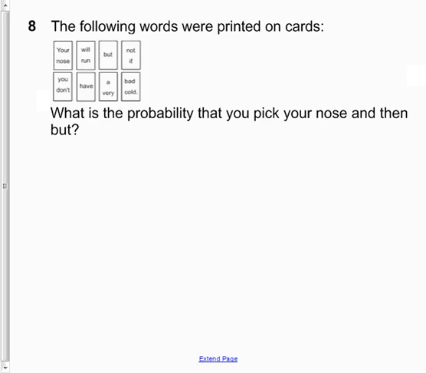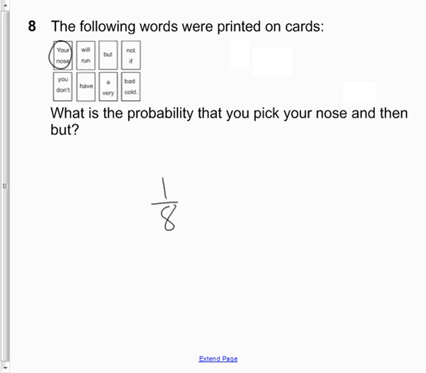And the last question, it says, the following words were printed on cards: Your nose will run, but not if you don't have a very bad cold. What is the probability that you pick your nose and then but? I'm sorry for the bad joke, but it seemed funny at the time. So your chances of picking your nose, this card, is 1 chance out of 8.